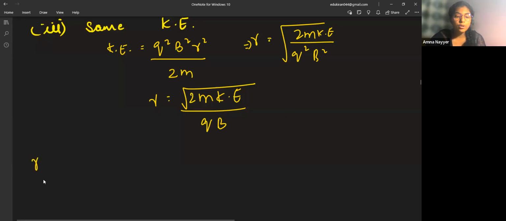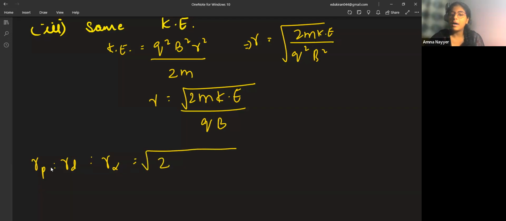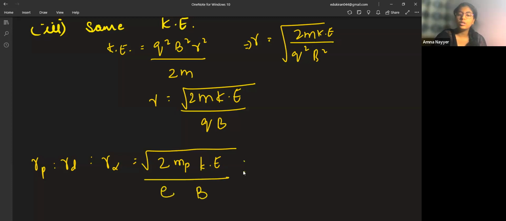What is the ratio of proton is to deuteron is to alpha particle? All right. So under root 2, the mass of proton will be mp, kinetic energy is the same, the charge of proton is e, and magnetic field is B, is 2. Now for deuteron, what is the mass of deuteron?